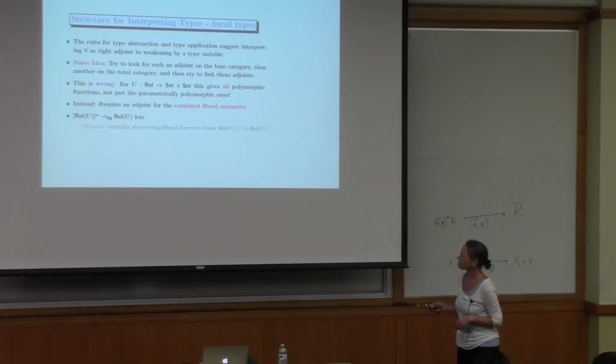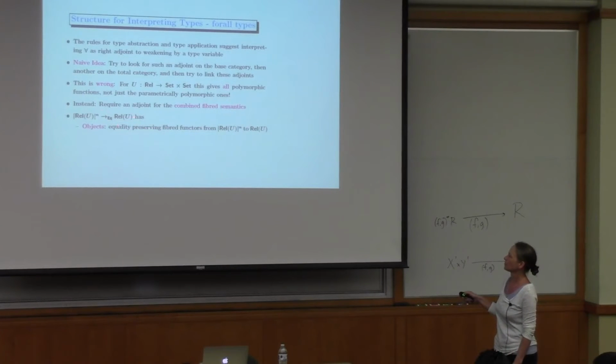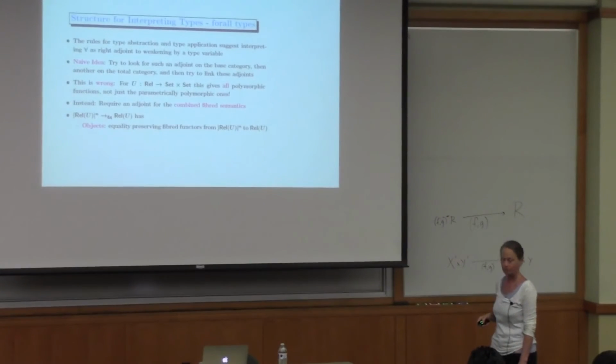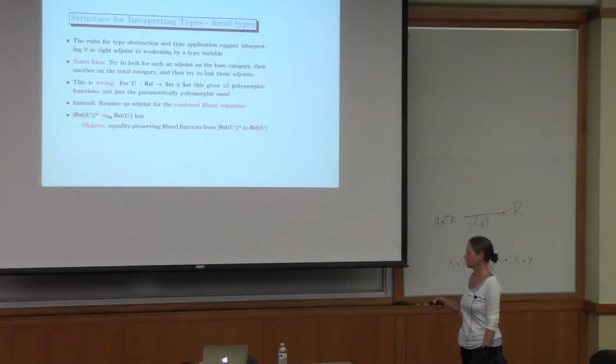So the objects in this category are going to be equality-preserving fibered functors that go from rel u to the n to rel u. And this is a discrete rel u to the n because this is where I'm interpreting my context. Okay? So I'm just going to insist that everything here commute with equality, that I have this nice interaction with equality.